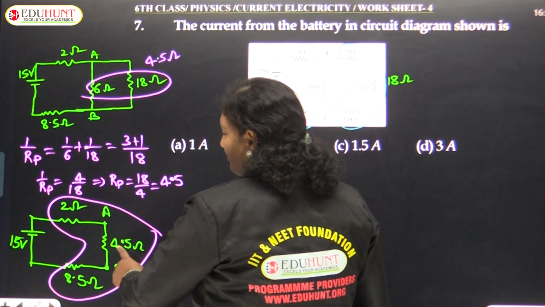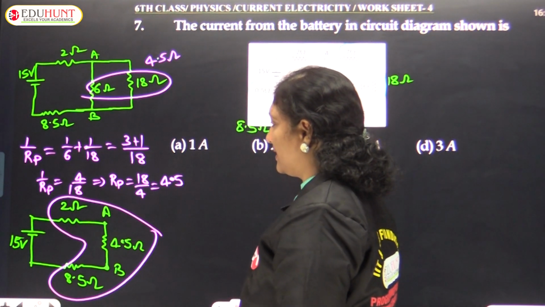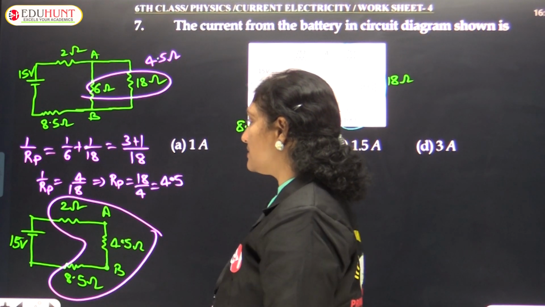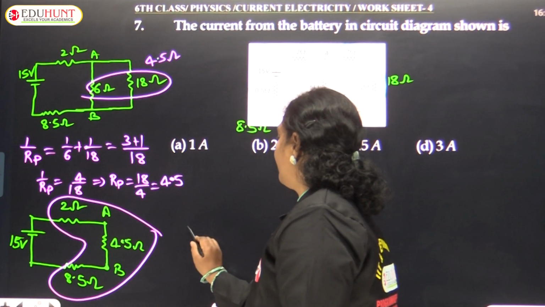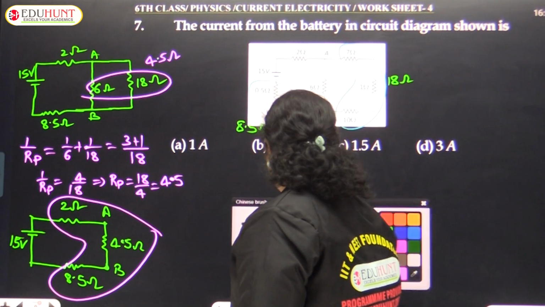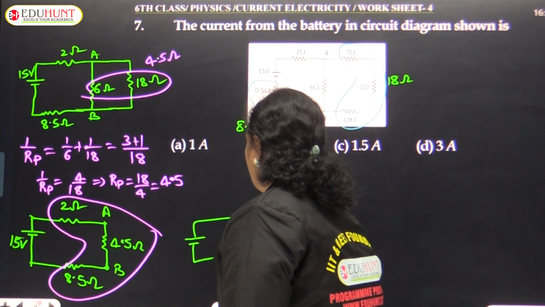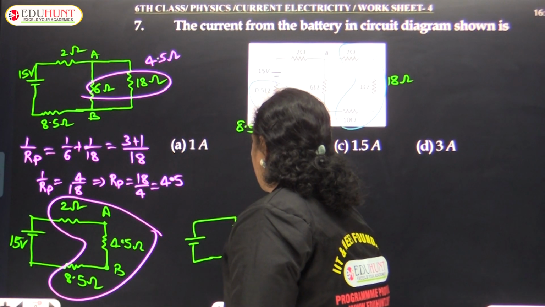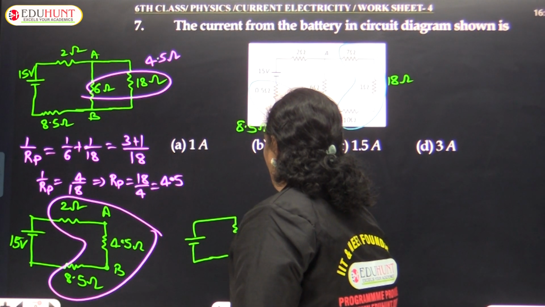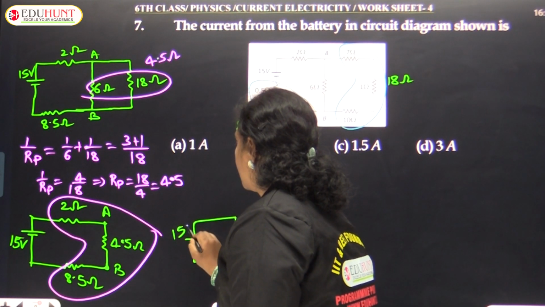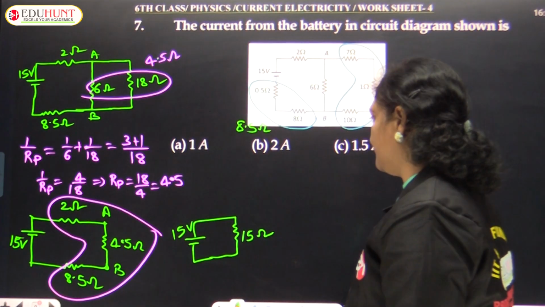This is 8.5 plus 4.5 is 13. 13 plus 2 is 15. So the applied potential is 15 volts and the resistance is 15 ohms. 15 volts and 15 ohms.